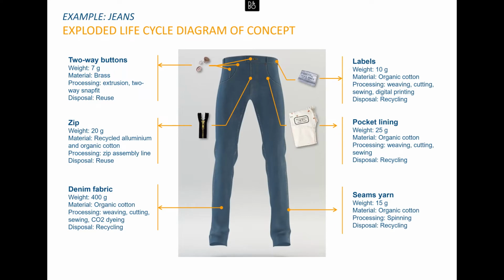We call this an exploded life cycle diagram of the concept, in which you highlight for each of the components the material, the weight, even though it's a concept, the process of transportation, transformation, if something is going to happen in use, if it needs to be substituted or something like this, then what is happening in the disposal phase. So you give a representation, a life cycle exploded view.